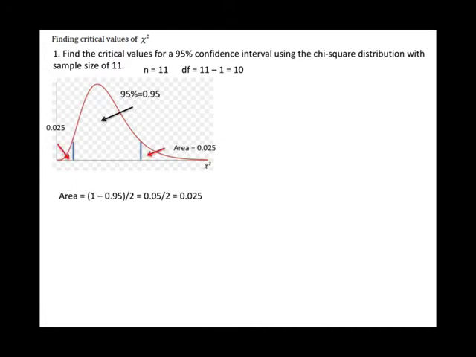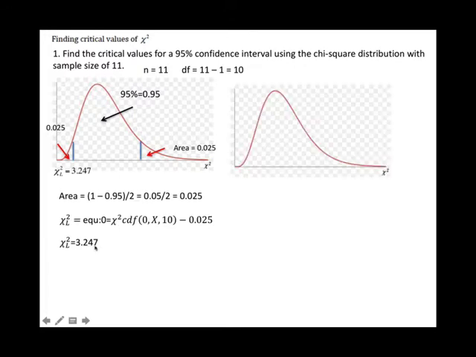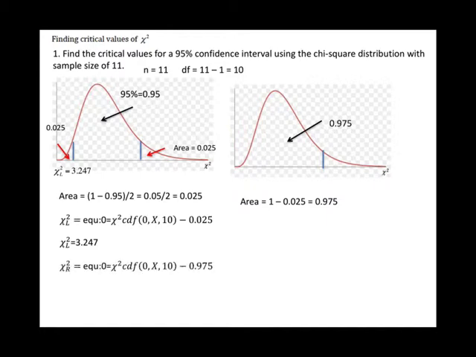So you guys could get that. This is the chi-square to the left. I just wrote it down. What did I get? Chi-square to the left is 3.247, and then chi-square to the right, I only need to change the area from the left, that's 0.975, and that will be 20.483.